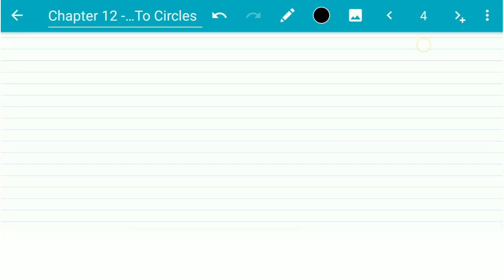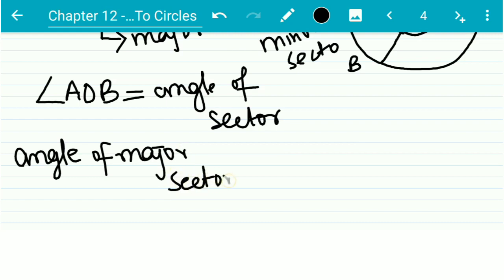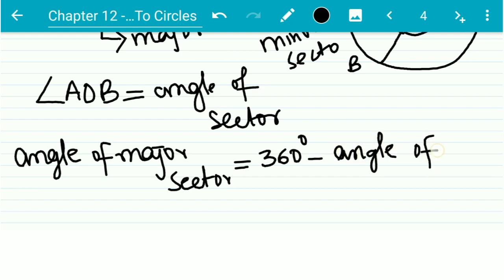So below this you write, angle of major sector is equal to 360 degrees minus angle of minor sector.